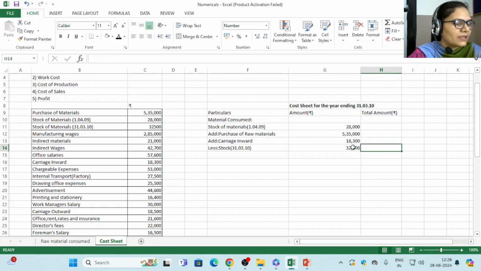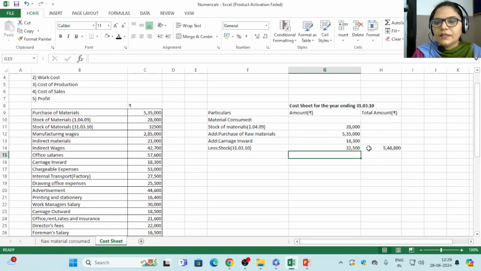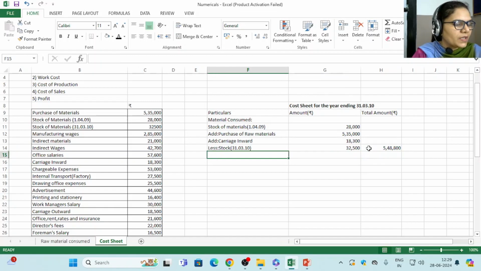Now after calculation, this value comes out to be 5,48,800. We have shown it in the total column.